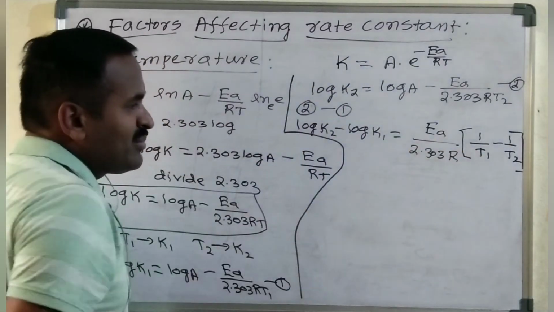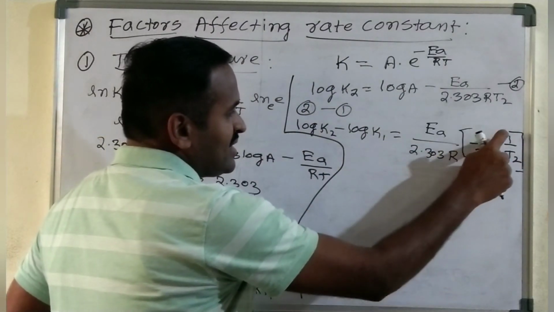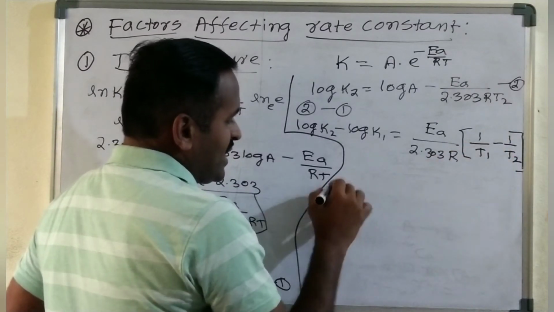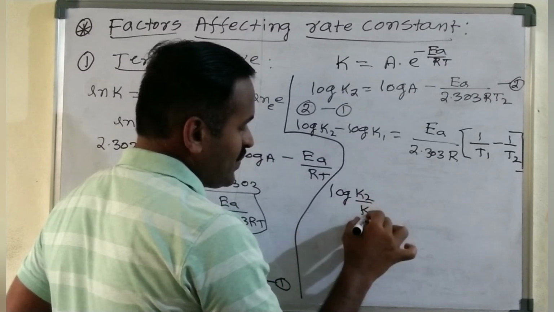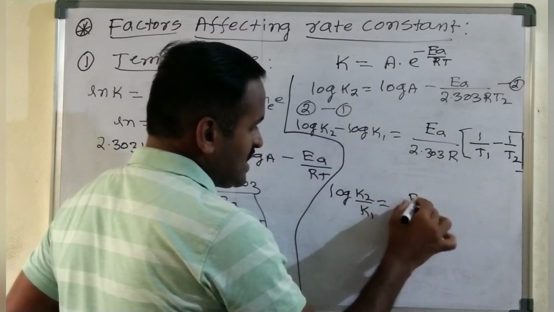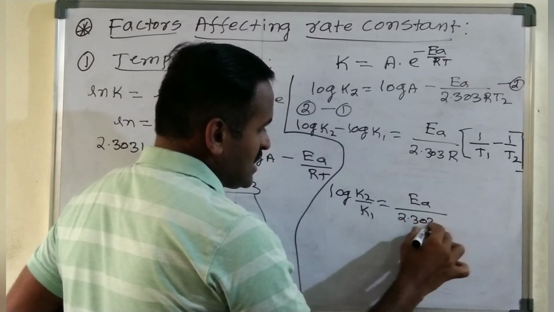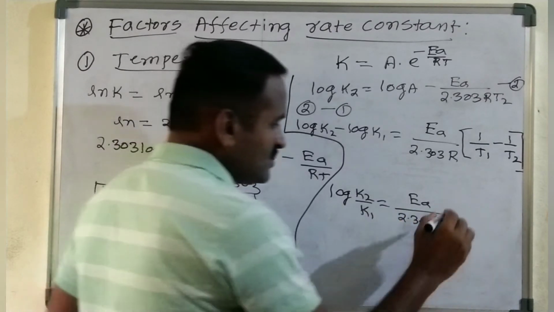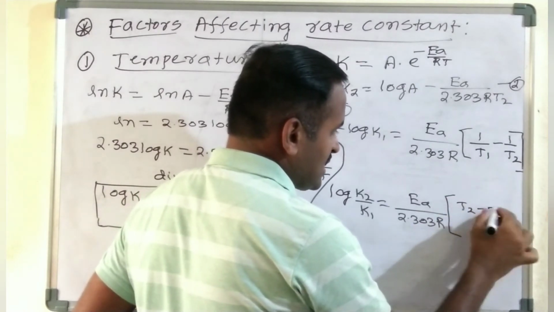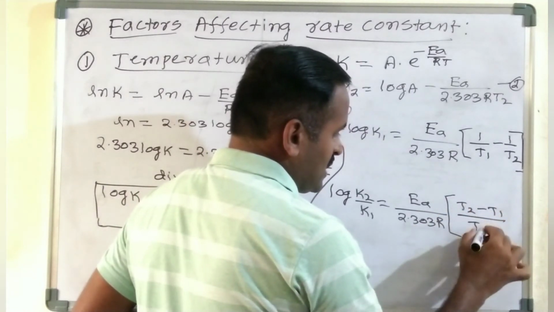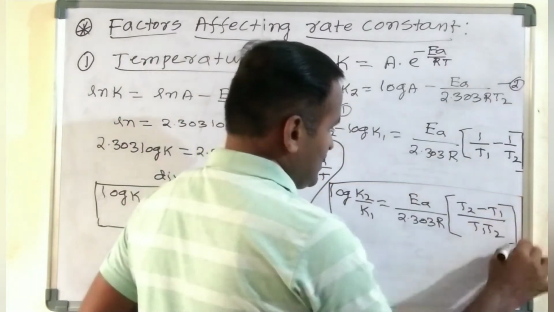If you take the LCM of T1 and T2, I can write the above equation simply as log(k2/k1) = Ea/(2.303 R) × (T2 - T1)/(T1 T2). So this is the simple equation.